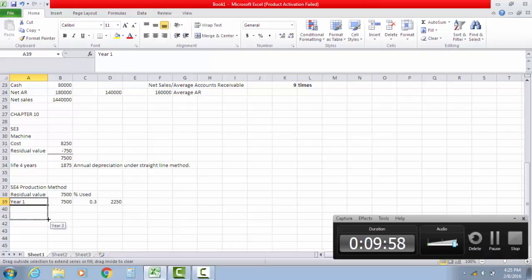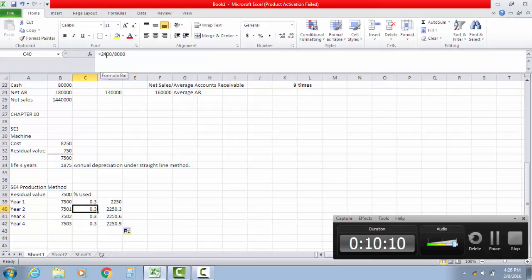So then if we take a look at year 2, year 3, and year 4, what I'm going to do is just copy down these formulas and then we'll fix the usage. So year 2, we are going to use 2,000 hours. So the depreciation is 1875, and I believe it says round to the nearest dollar.